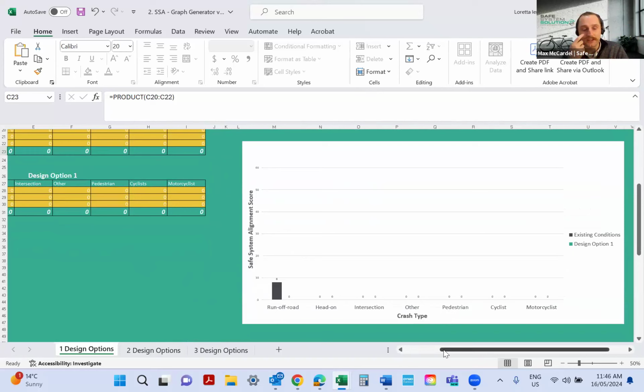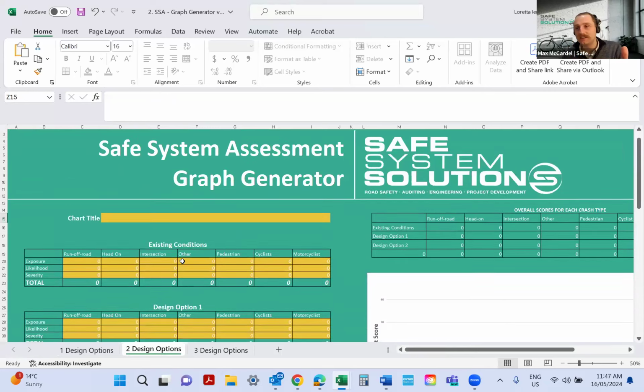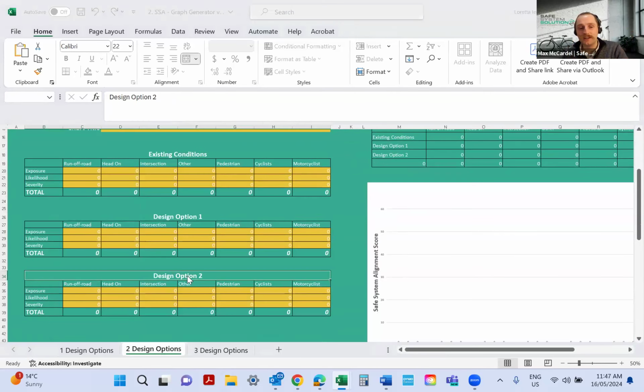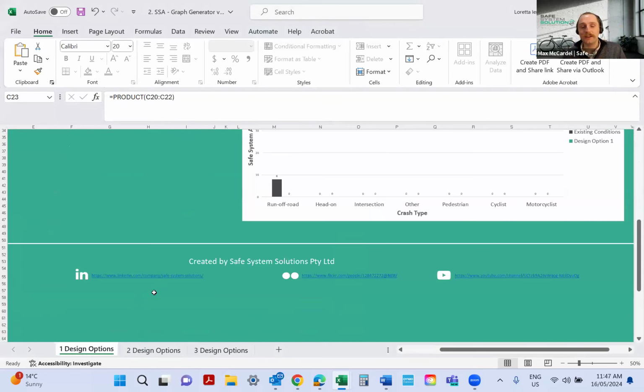It's Max's little fun tip. And just down the bottom there, Loretta, the tab that says 2 design options. In the future, if you're looking at two different designs, we've given you that one as well, and we've also given you 3 design options. You don't need it for this assignment, just in case you need it in the future.